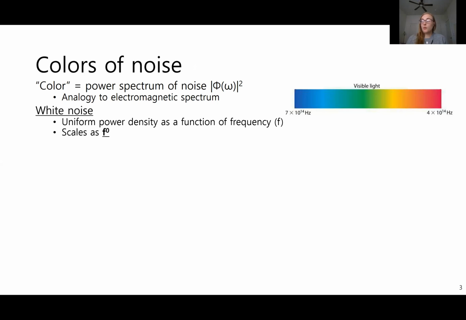So if we want to quantitatively describe how this scales with frequency, since it's a flat line, this would be the frequency raised to the 0 power. It would give you a constant value, or a flat line.